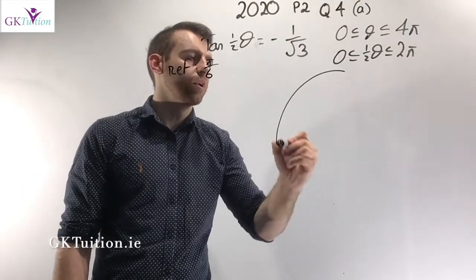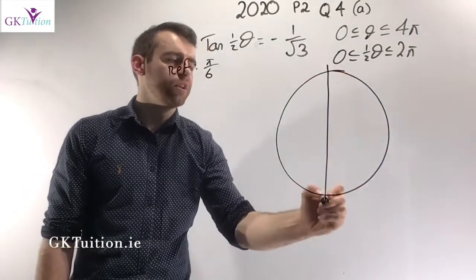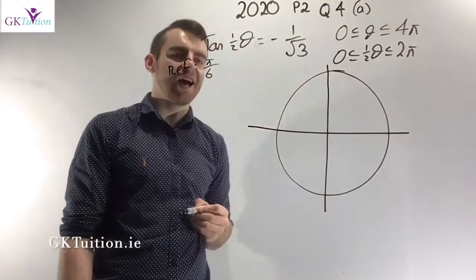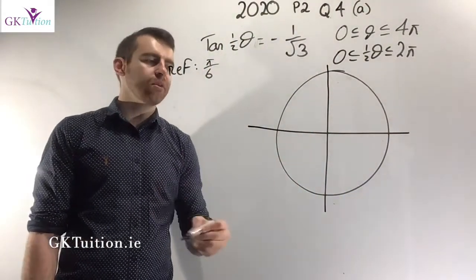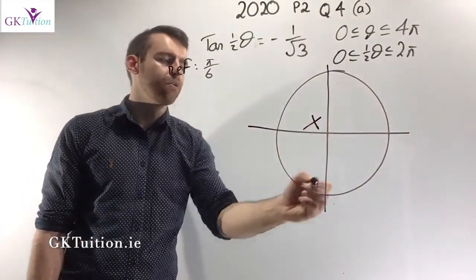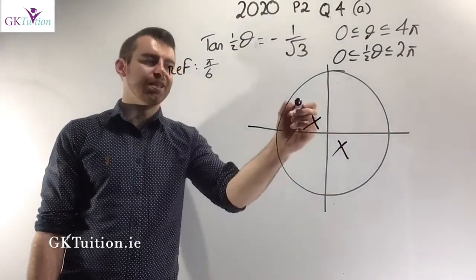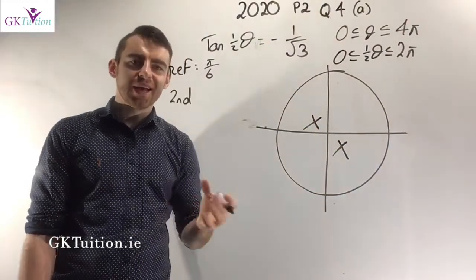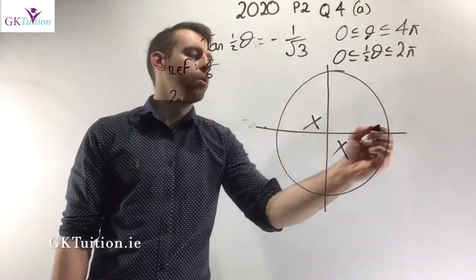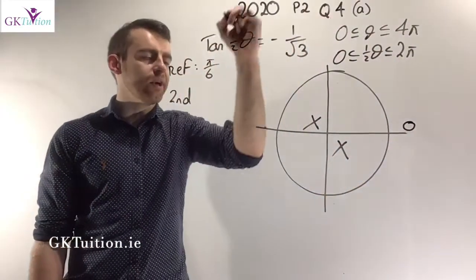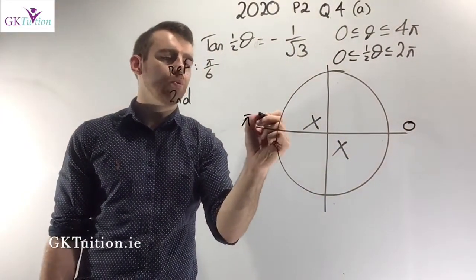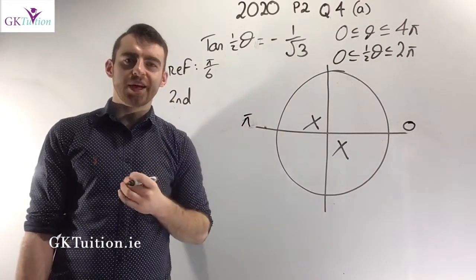And now I need to work out in which quadrants in the unit circle is the tan of an angle negative. I know the tan of an angle is negative in the second quadrant and in the fourth quadrant, in S and in C. Now, to get an angle in the second quadrant, we always start at 0, and by the time we've done half of a revolution, we're at 1 pi, or in other words, 180 degrees.